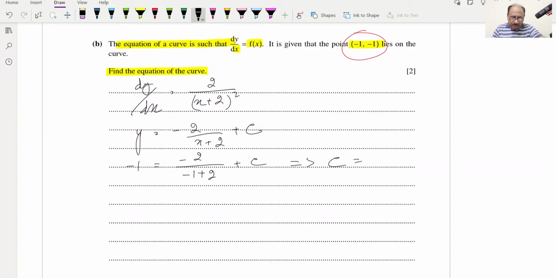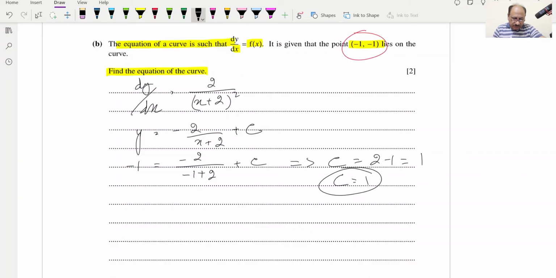If we replace -1, basically it will be -2, so the other side will be 2, so it will be 2 minus 1, which is equal to 1. So the value of c is equal to 1.